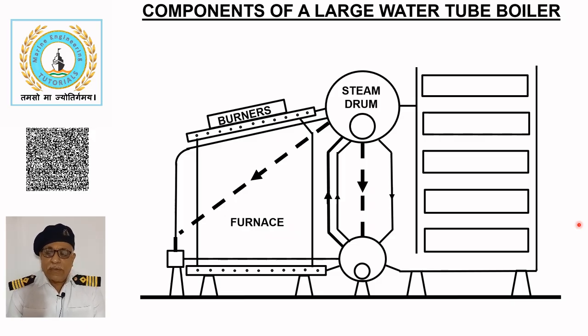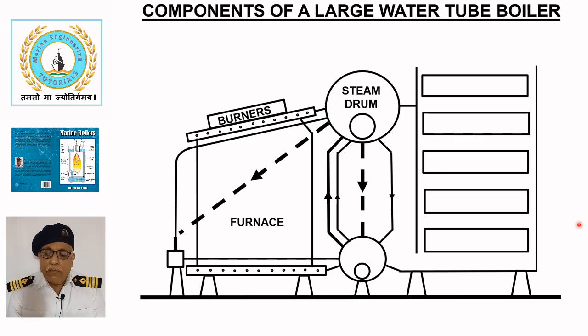The density difference allows dry steam to rise and leave from the top of the drum, while the water mixes with incoming feed water and continues circulating within the boiler. The steam drum separates the steam water mixture and acts as a reservoir of steam, helping to prevent pressure fluctuations.